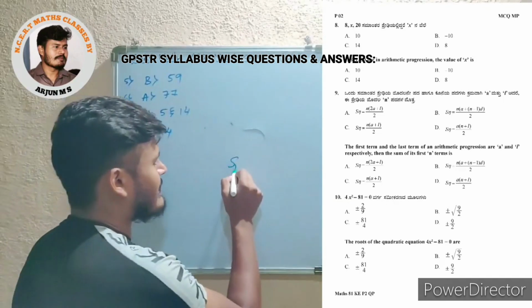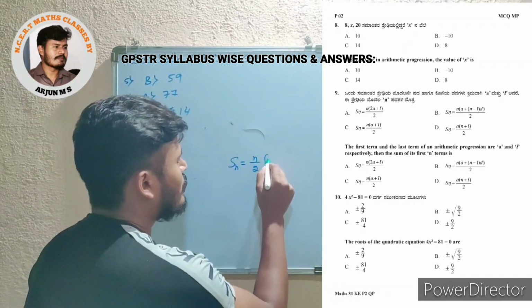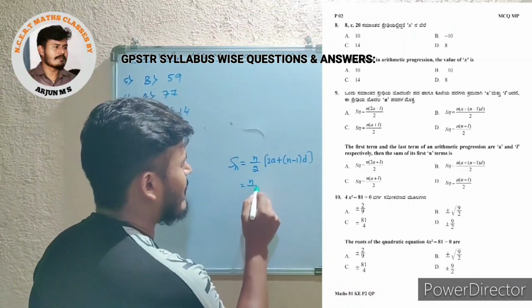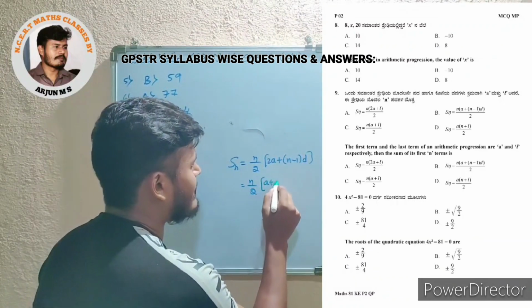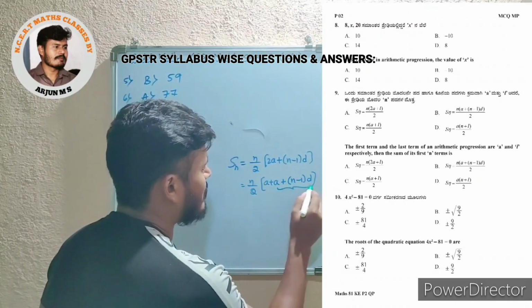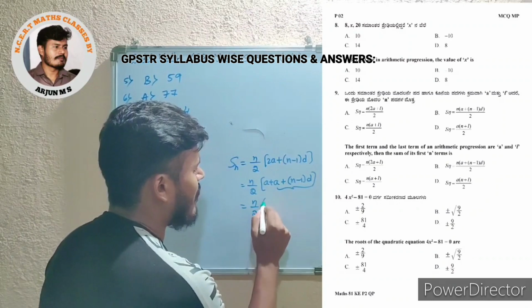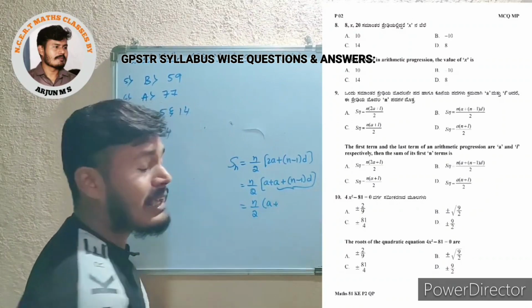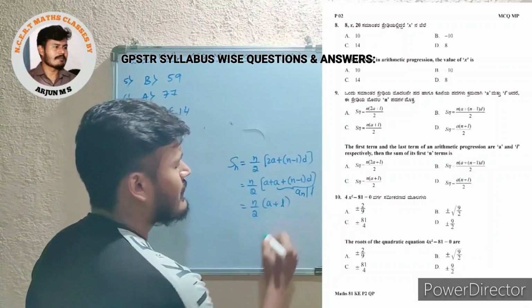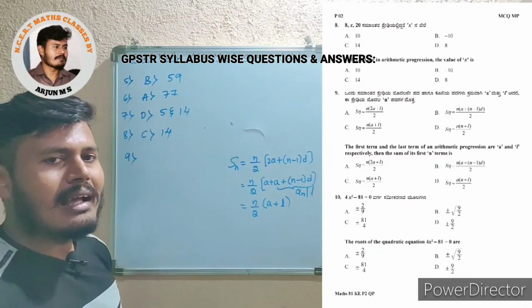We have one formula, Sn = n/2 [2a + (n - 1) d], right? It can be written as n/2 [a + a + (n - 1) d]. Now you just observe this part, a + (n - 1) d is called the nth term of an AP. It can be written as an or l, right? So this is the formula.